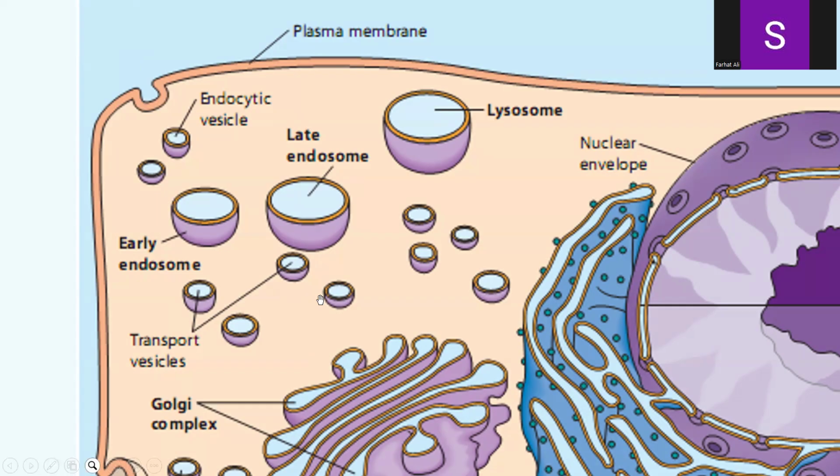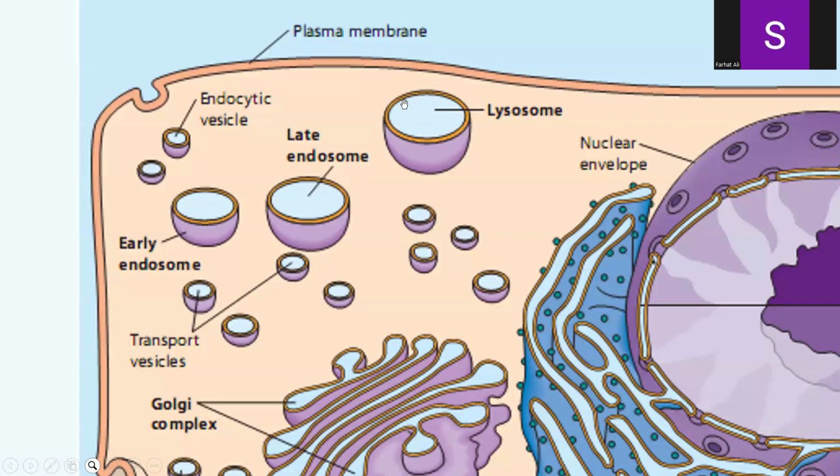So these transport vesicles, which carry the acid hydrolases, fuse with the endosomes. And as they fuse with the endosomes, their acid hydrolases, their enzymes, are poured into the endosome. And then these hydrolases start breaking down the material present inside the endosome. This then develops into a lysosome.